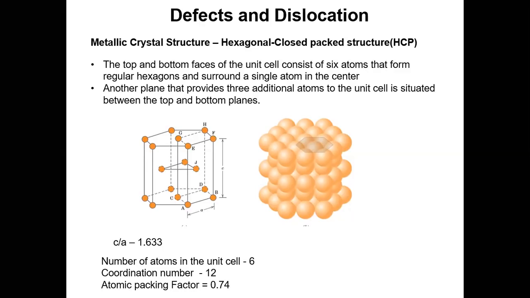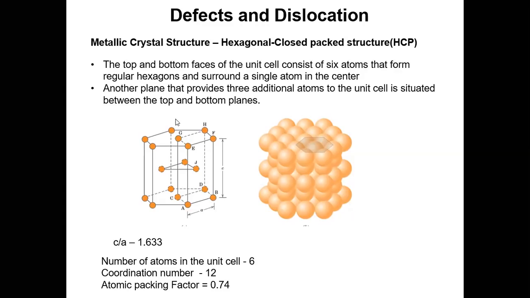Here, this is the hexagonal. This height is c, and in this case, the length of one side we define as a. Usually the c over a ratio will be around 1.633.